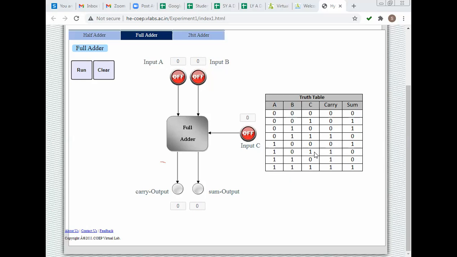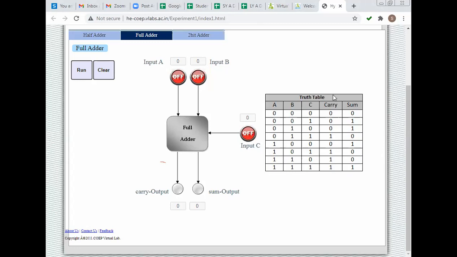What happened? Sum is 0 with carry 1. Here same logic, 1 plus 1, sum is 0 with carry 1. But here all 3 inputs are high. Then in that case carry is 1, sum also 1.